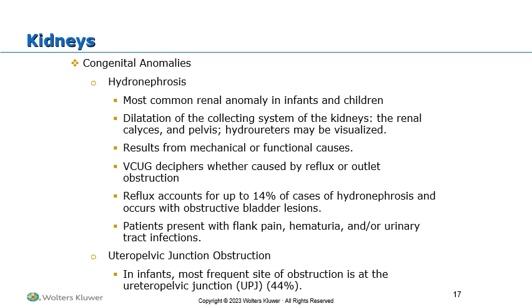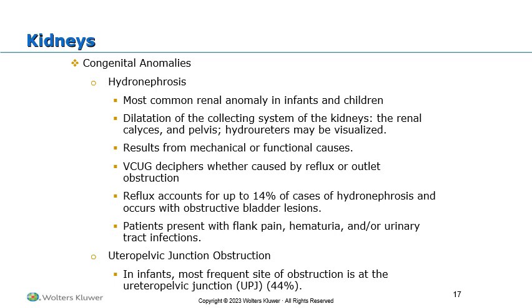Then they'll have the little one urinate, and they'll see upon that act of urination, also known as micturition, if there's any reflux into the ureters. And that will help them determine if that reflux is the cause of hydronephrosis, and if that reflux is probably going to impact that patient as far as having recurrent urinary tract infections and things like that.